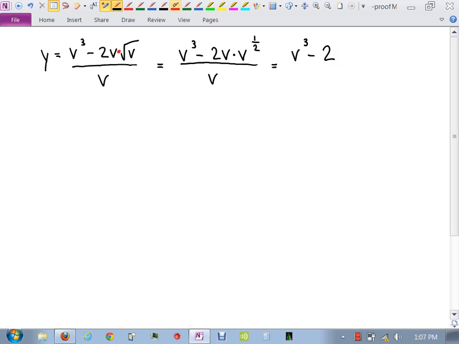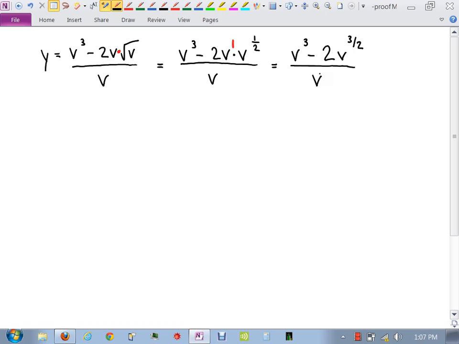So 2v to what power? 3/2, all over v. Now, doing that, if you're going to do quotient rule, you just saved yourself having to do the product rule, didn't you? You don't have to do product rule on that.